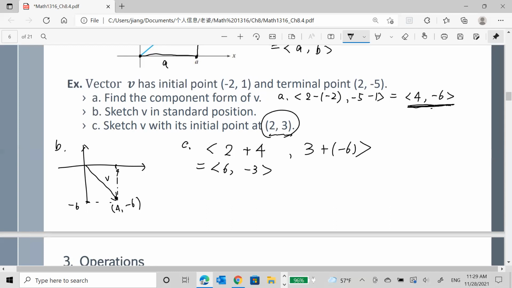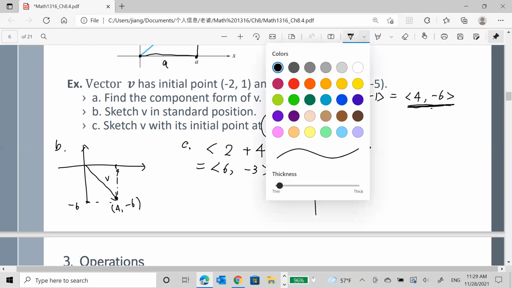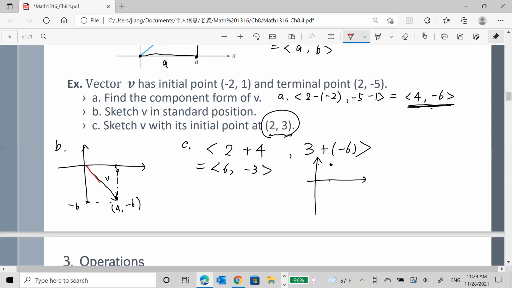So for part C, if I have the starting point 2, 3, for example, this is 2, this is 3, it's here. Before, the vector is here. I need to move this vector to here, and then the vector becomes like this.